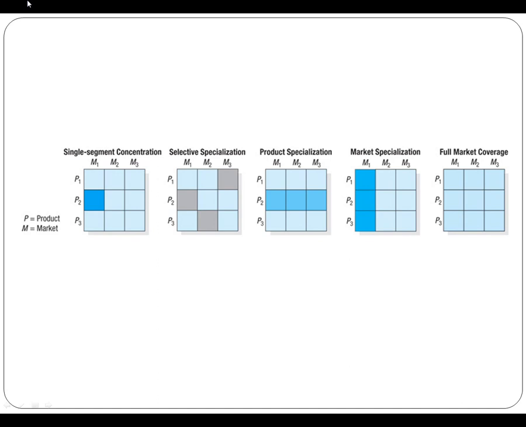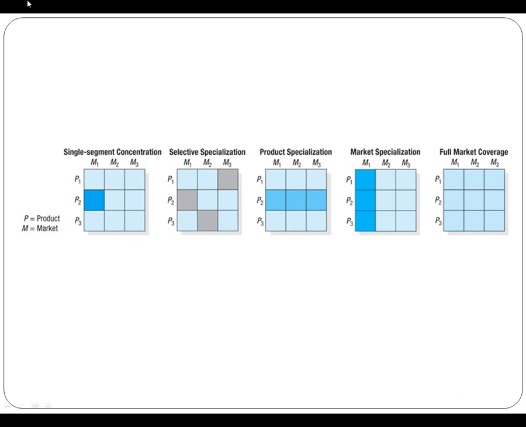Okay. This is a little chart from the book that just graphically shows each of those different types of coverages. Single segment, again, you're focusing on one product in one segment. Selective specialization, you have multiple products, multiple segments, really no rhyme or reason. Product specialization is you're focusing mainly on one particular product across multiple markets.